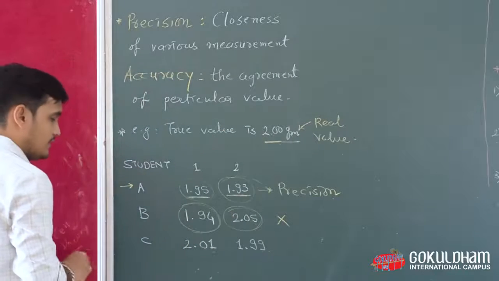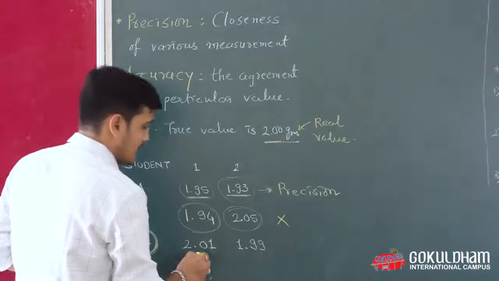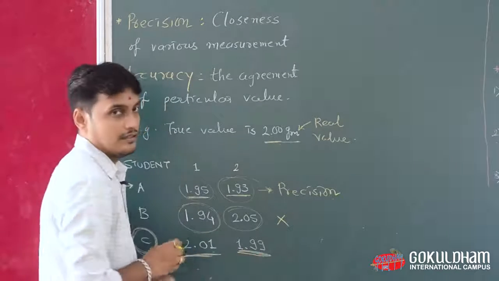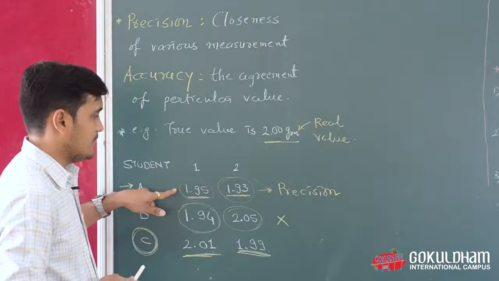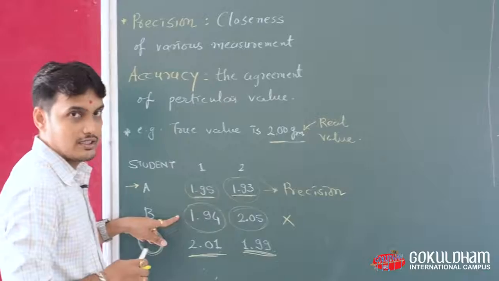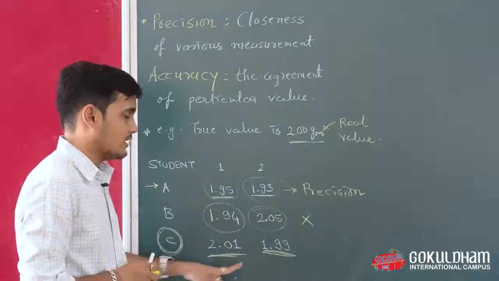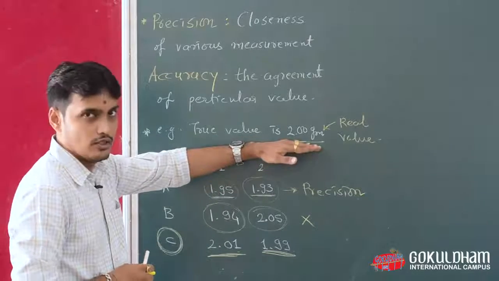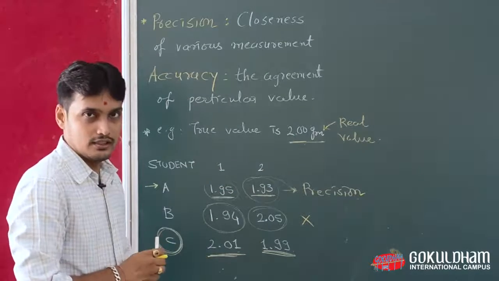So in this third case, student C has precision and accuracy in the experiment. So the first case is precision, the second case is not considered in any category, and in the third case both values are precise and both values are close to the real value. So the readings are also considered accurate results. Okay.